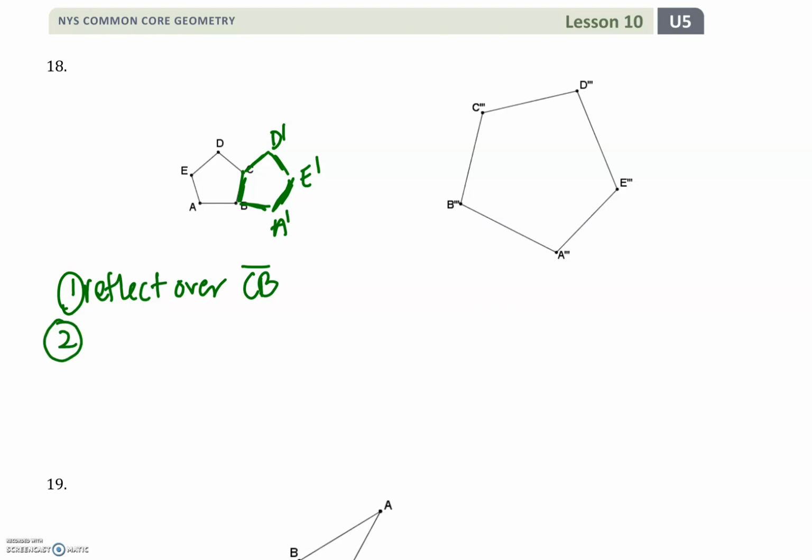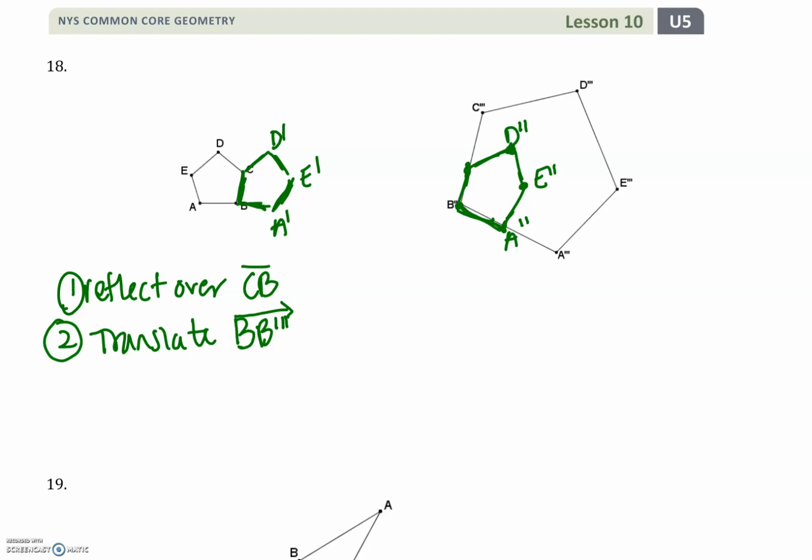Okay, then maybe I would try to translate it so that B would map to B triple prime. So when I did that, it would go here, and if these were parallel, it would be here, here, here, and here, and I'd get my D double, E double, and A double primes.